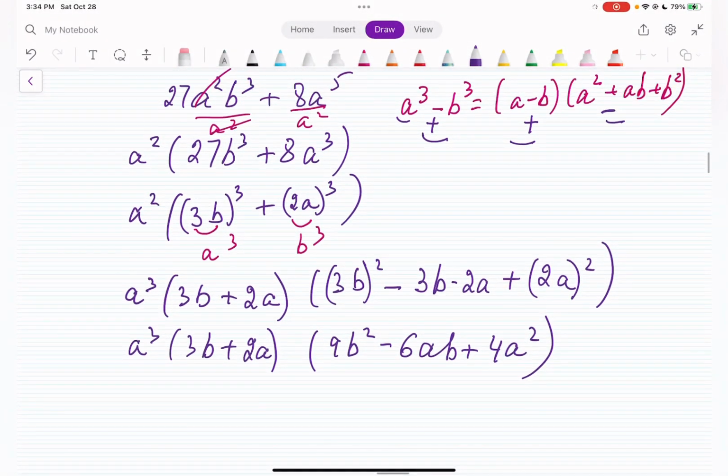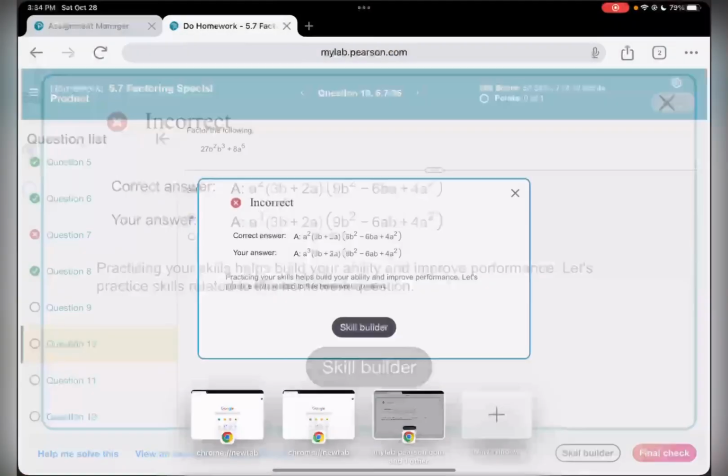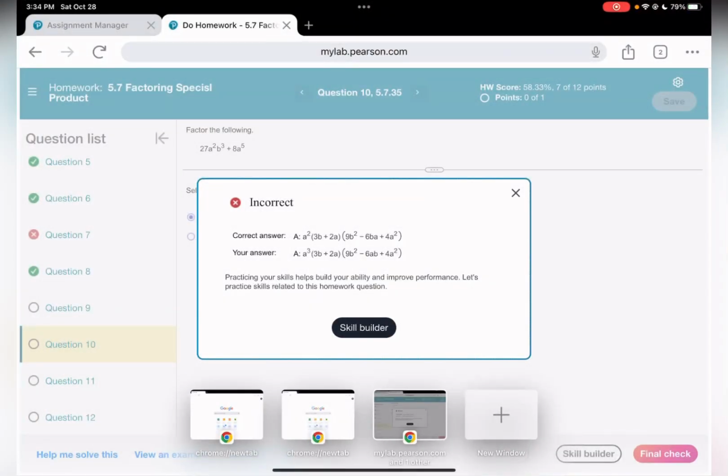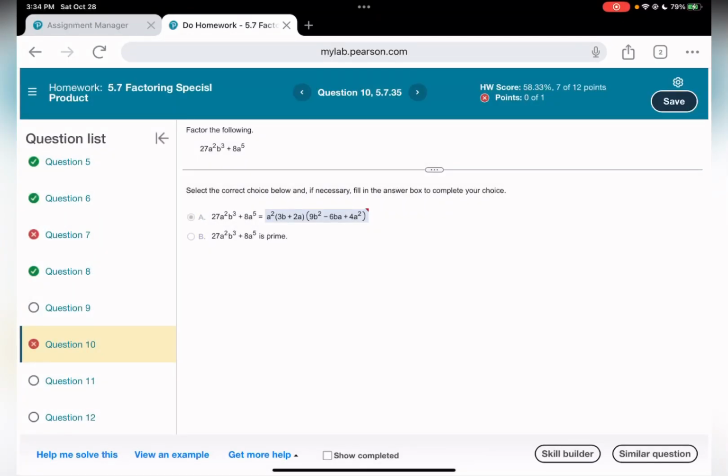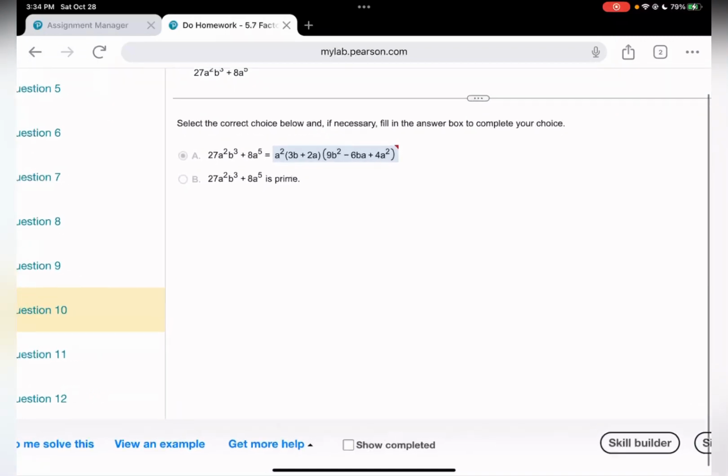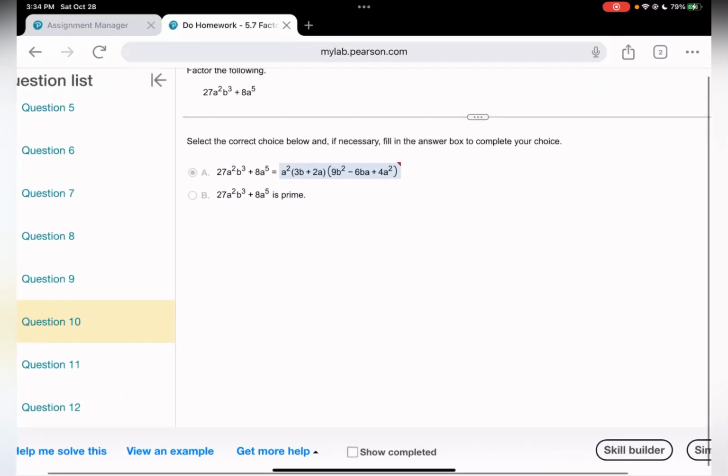Yeah, of course, a squared, I took out a squared. It's not attentive. All right, so a squared. Here it's supposed to be a squared, okay, instead of a cubed. Silly mistakes.